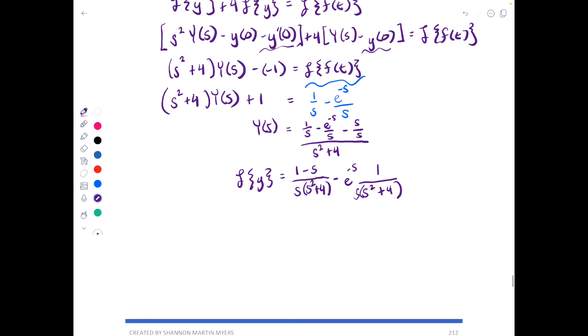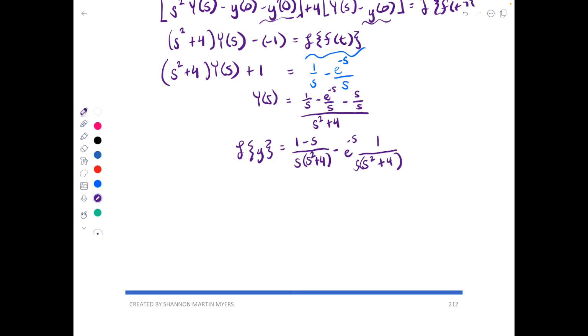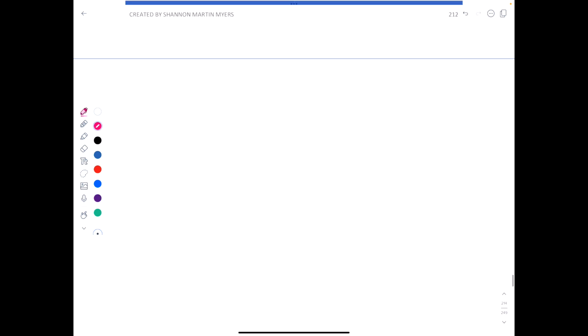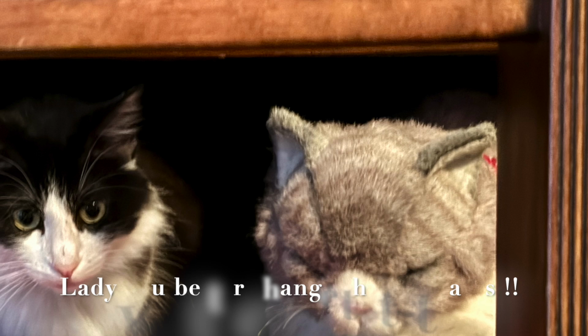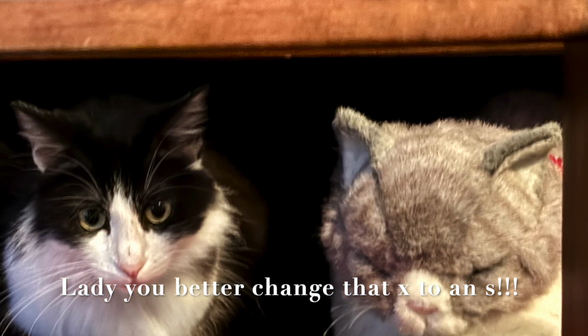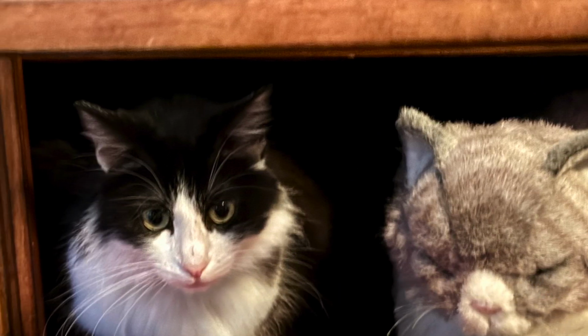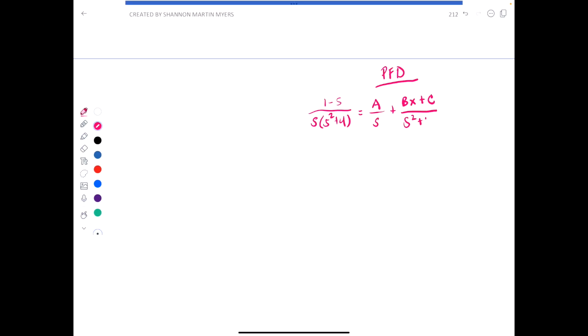And then we'll need to do a little bit of partial fraction decomposition, so fun. So the partial fraction decomposition for 1 minus s over s times s squared plus 4 is going to equal a over s plus bs plus c over s squared plus 4, because it's an irreducible quadratic.